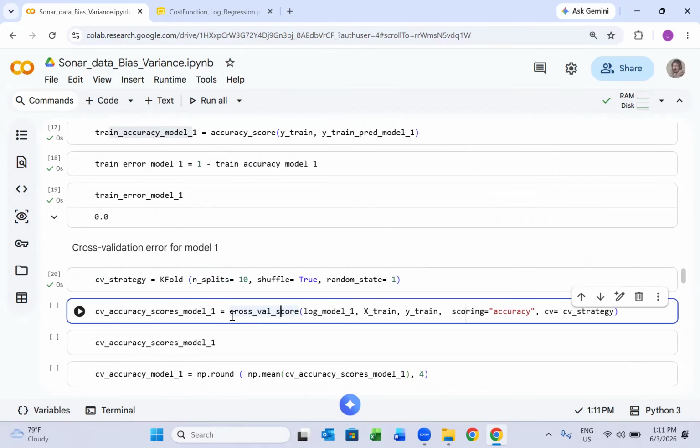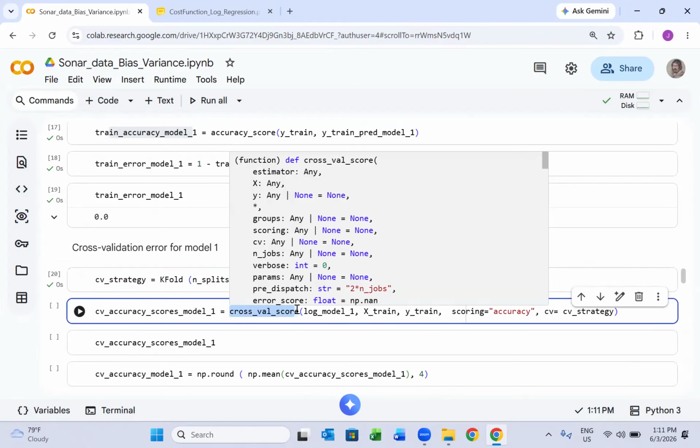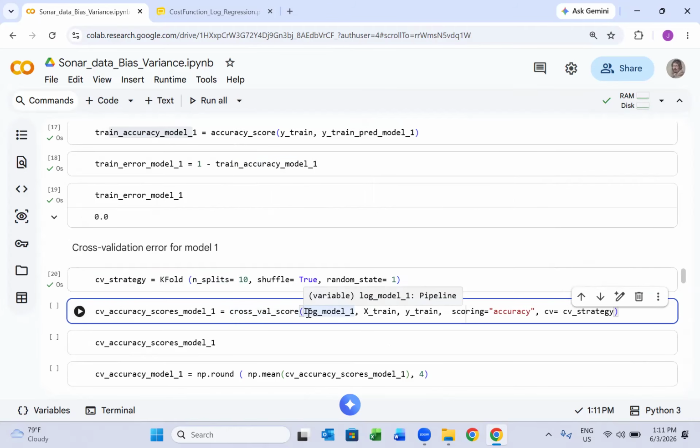And now I can apply cross-validation score. That cross-validation score is the function that allows us to actually apply cross-validation, okay? It takes a few arguments. The first argument is what model are you applying cross-validation on? So we're applying cross-validation on model number one, the one that we just got, okay? And then we need to specify the training data again.